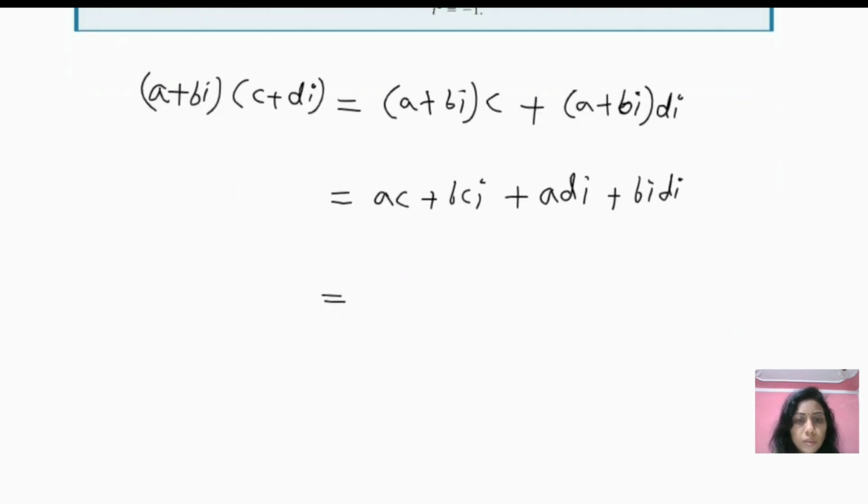Now combine like terms. ac plus, here this one and this one are like terms, so we can combine. We can take common i, so (bc plus ad)i, and here bdi square. And do you know i square?